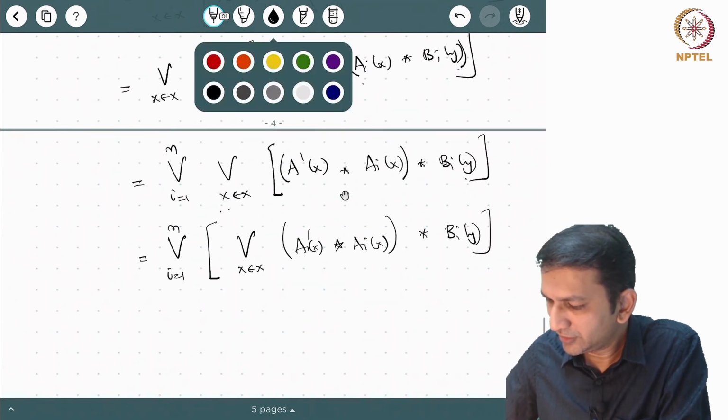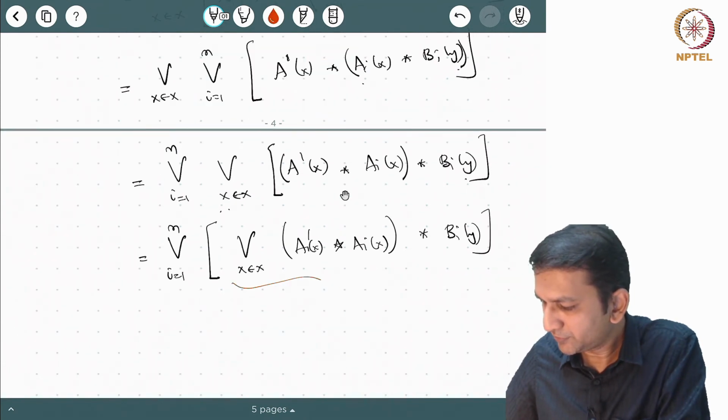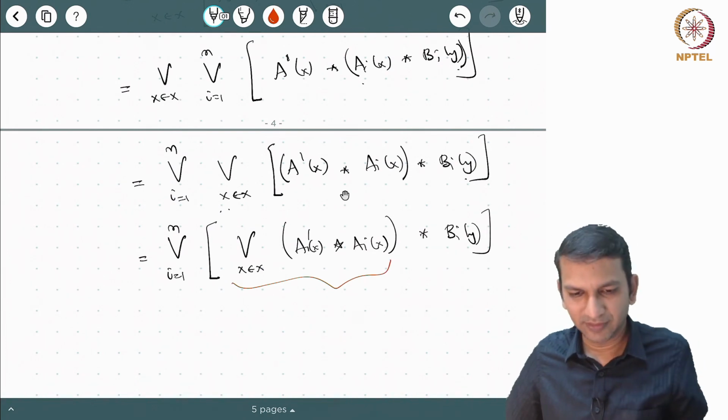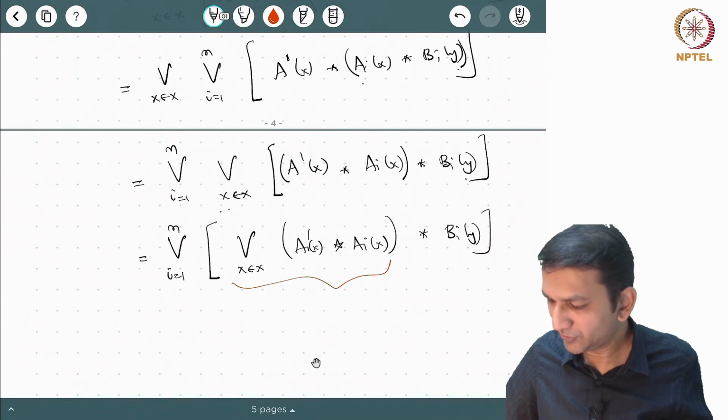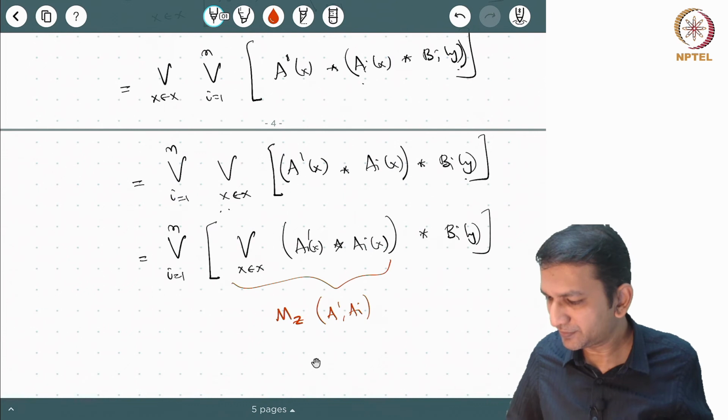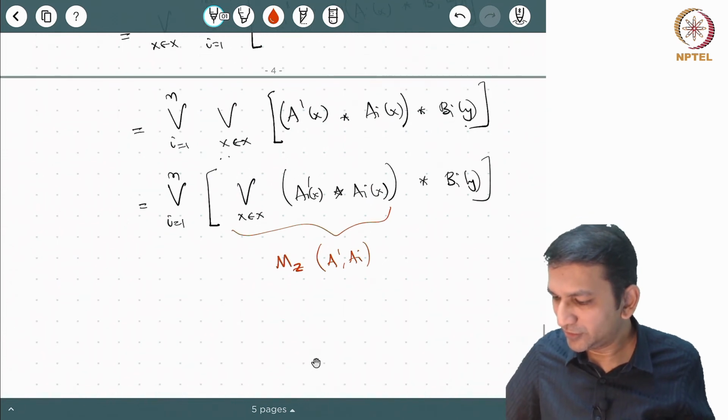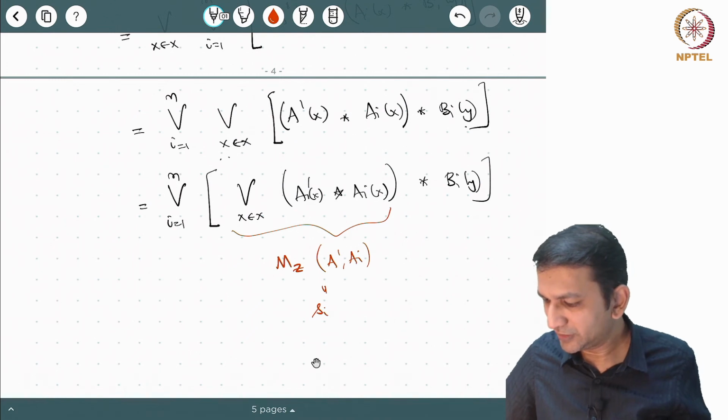Now look at this particular quantity. This is in fact exactly the matching function of A dash, A_i. So now this will give us an S_i. Now this is S_i star B_i of y.